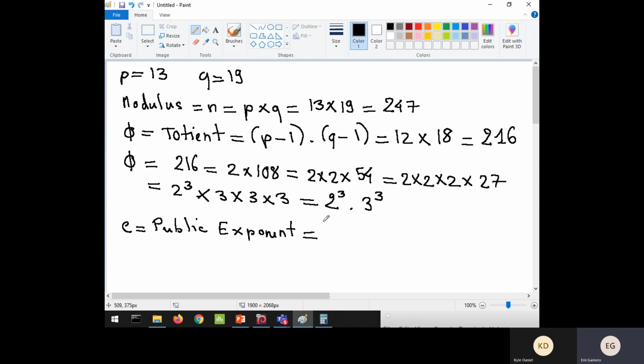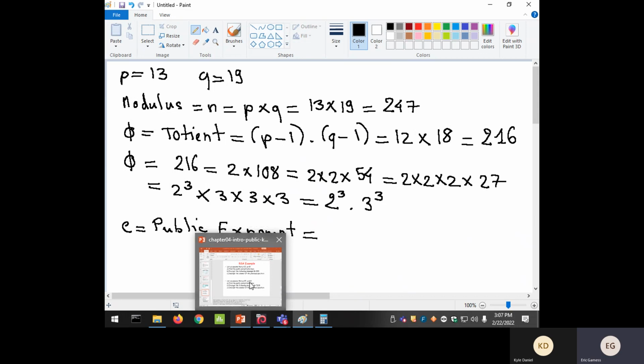Yes, they will be coprime. The only divisor will be 1. Can I choose 6? No. Can I choose 7? Yes. Can I choose 8? No. Can I choose 9? No. Can I choose 10? No, because 2 divides 10 and 2 divides 216. So I can choose, for example, 5 or 7.